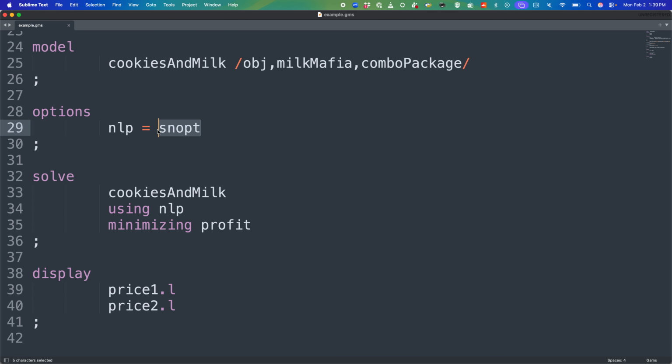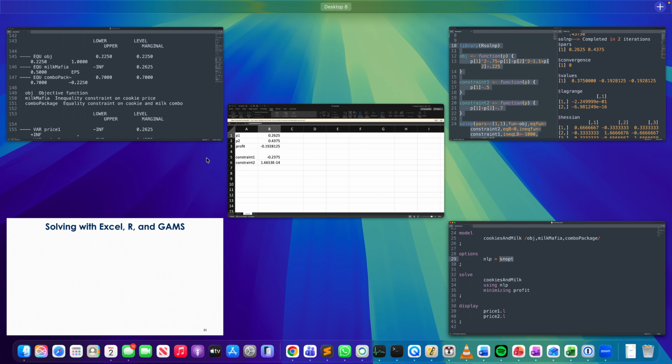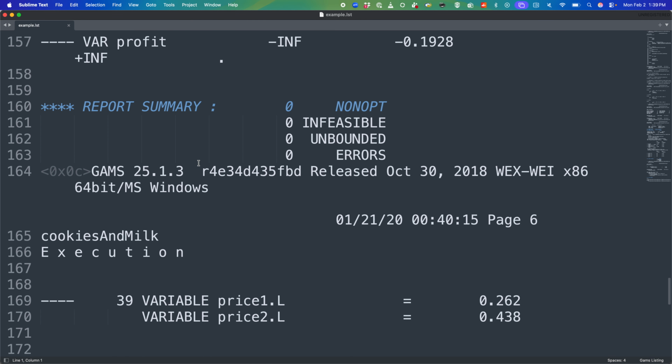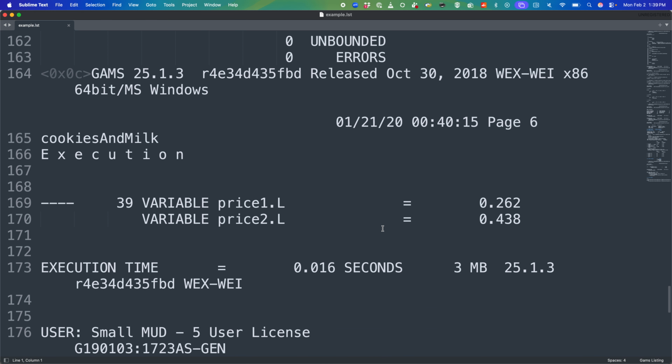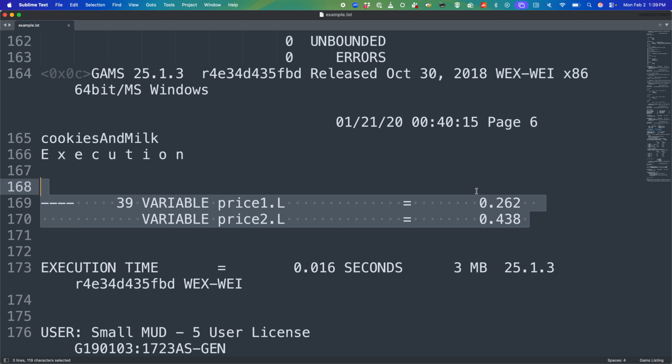I'm using an algorithm called SNOPT, and it gives you a bunch of diagnostics kind of similar to the R output that I was showing, but it will also give us the right solution. Here it's rounding to the thousandths place, but it's 0.2625 and 0.4375, same as the solutions that we were getting in the other examples.